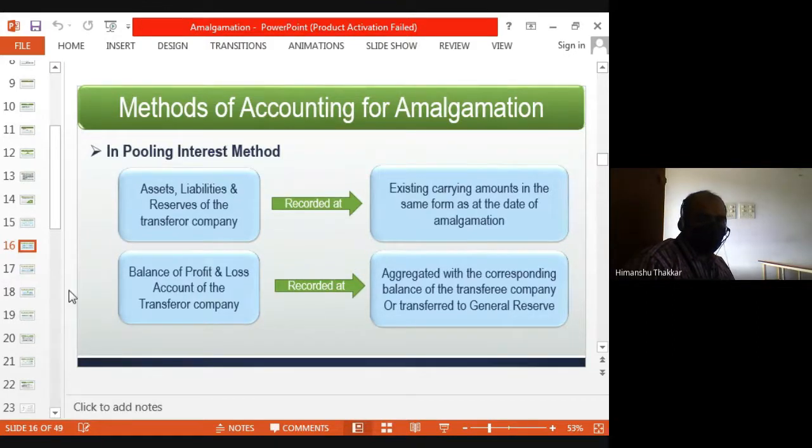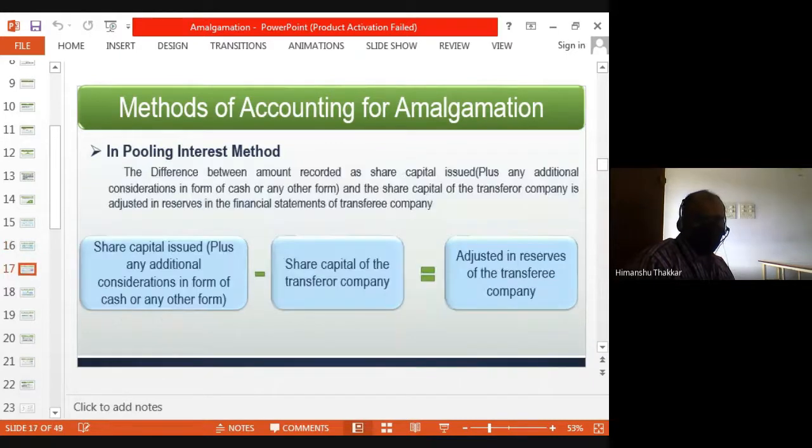Moving on. One small working will need to be done. Why? Suppose there were 1 lakh rupees of shares of B Limited. I am purchasing the business of B Limited.